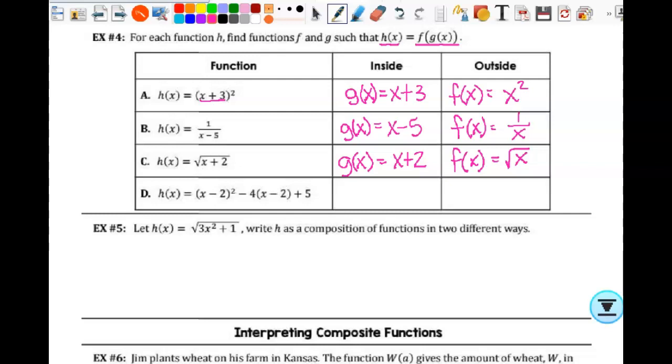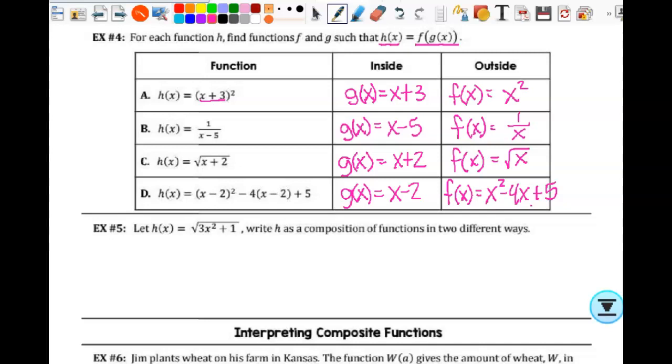All right, so all three of these give us a parent function for f of x. That's not going to happen in D, but that's fine. What do you think your inside would be? X minus 2, good. X minus 2, which would mean your f of x would be what? Very good. X squared minus 4x plus 5. And then I think you can see how you would substitute it in there and get that, right?